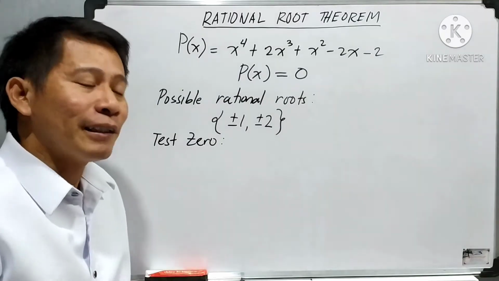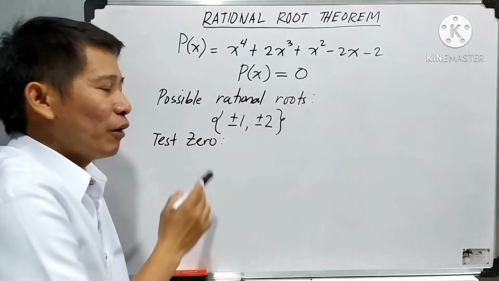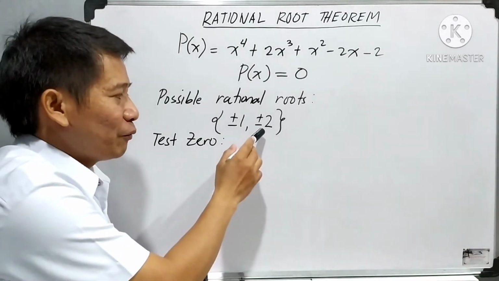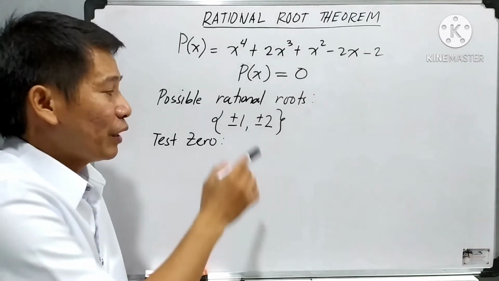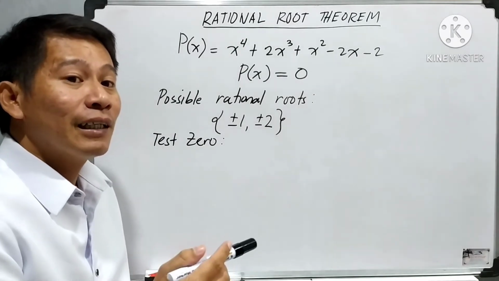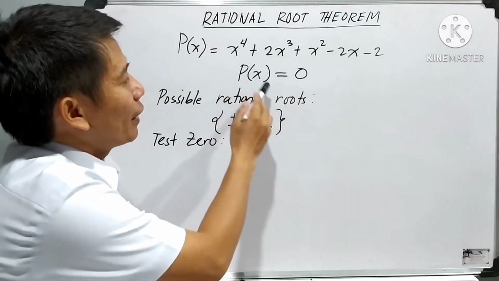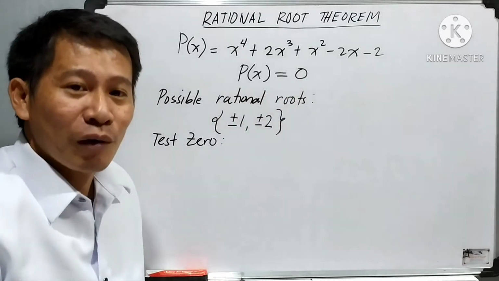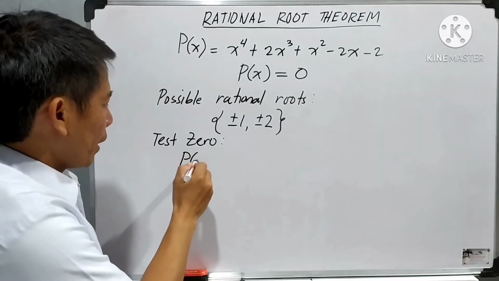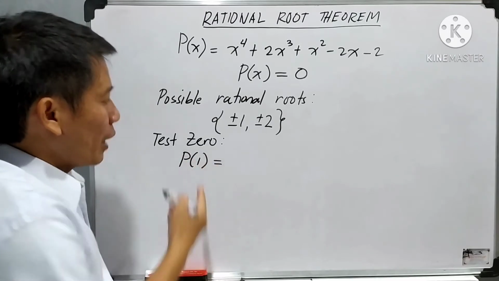So we will find p of positive 1, p of negative 1, p of positive 2, and p of negative 2, and see which of these will make our p of x equal to 0.